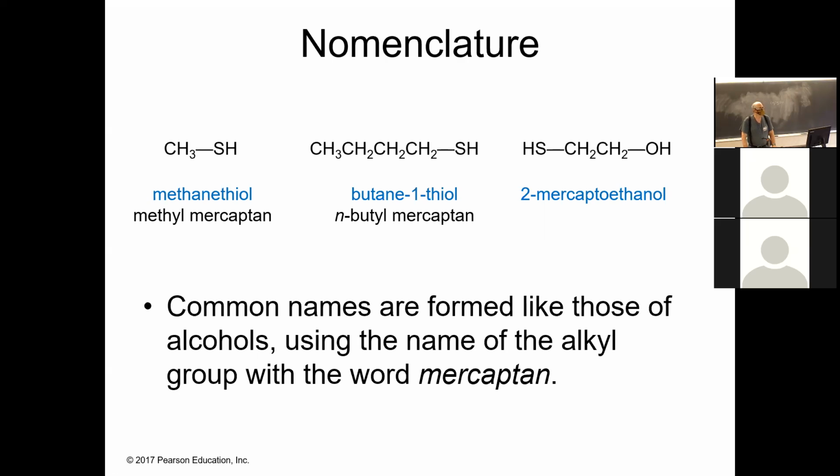The concentration of this is really small. It might be, I'm going to say, parts per trillion. But most of us can smell that gas leak. It has, again, kind of a rotten egg odor. Natural gas by itself doesn't have an odor, and so this enables us to detect a gas leak.